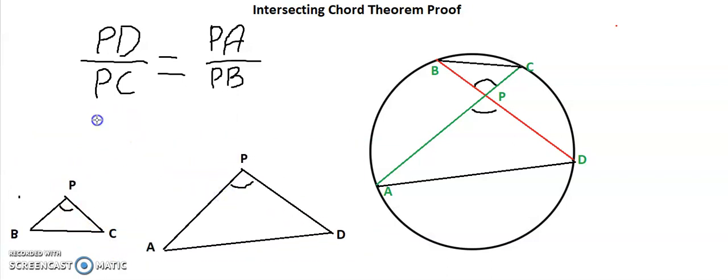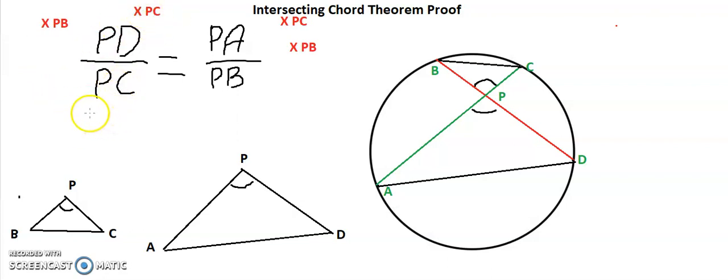Now if I would like to get the fraction gone, I would times both sides, I'll draw it in red here, times both sides by PC, and then I would times both sides by PB, and that gets rid of my denominators, because times and dividing cancels out.